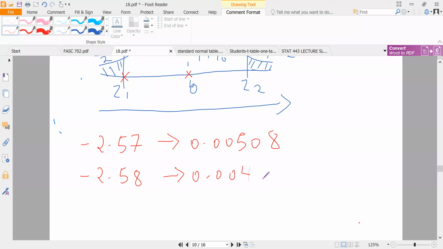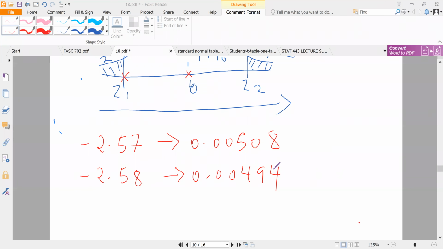Which means that our value of Z1 is between these 2 points, between 2.57 and 2.58.